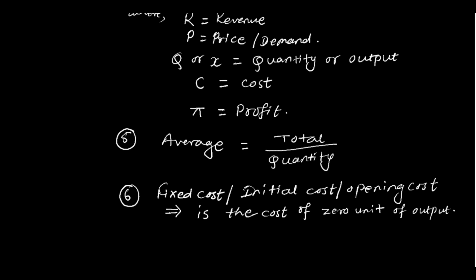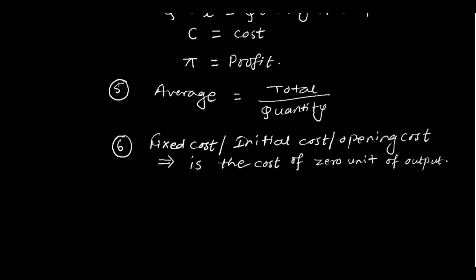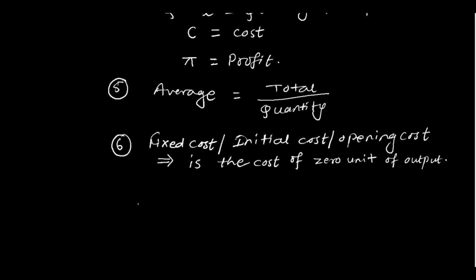For any production house, if there is no production but it is ready to produce something, at that time if there is some cost like machinery or other materials, this cost is called fixed cost. In that time the production is zero and the cost at that level of output is called the fixed cost.